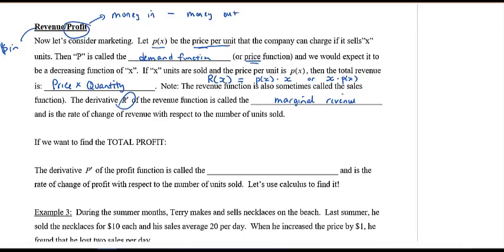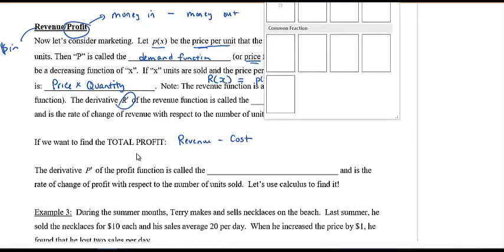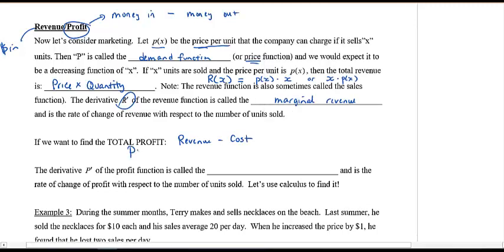So, why do we care? Well, we care because we care about profit. Total profit, of course, is revenue minus the cost. And if I have this profit function, which I'll call capital P of x now, that will be equal to capital R of x, the total revenue, minus the total cost.